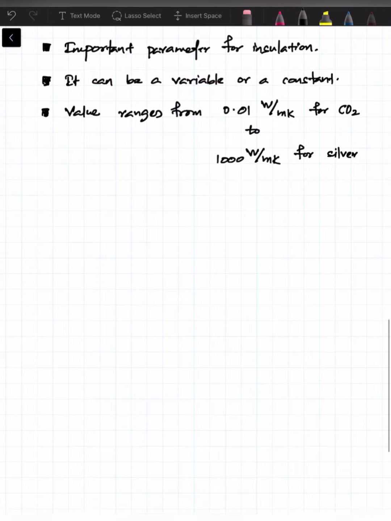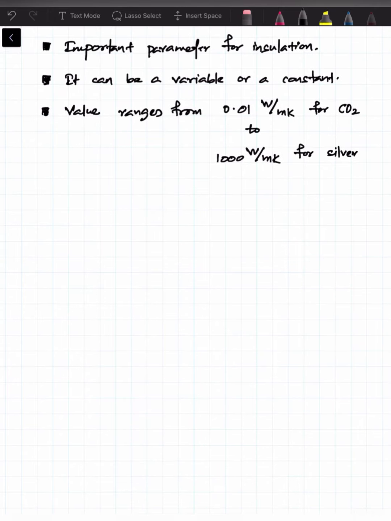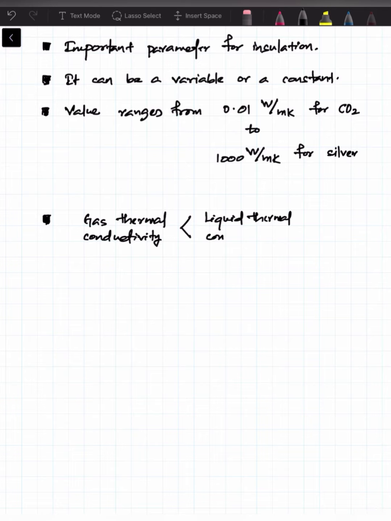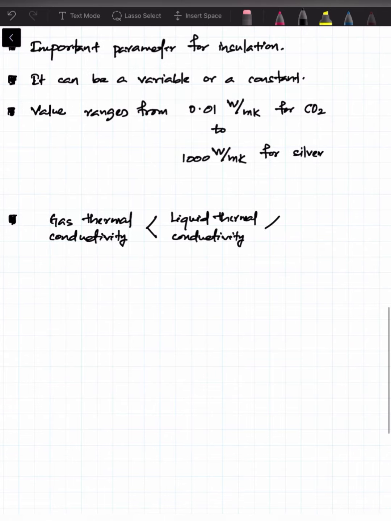So in general, the thermal conductivity of gases, liquids and solids are different. The gas thermal conductivity is generally less than the liquid thermal conductivity, which is further less than the solid thermal conductivity.